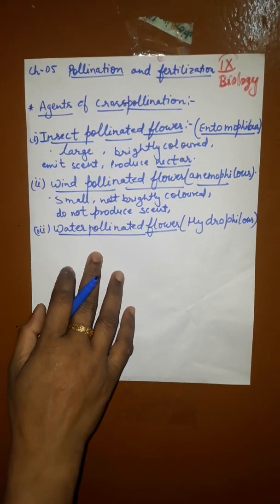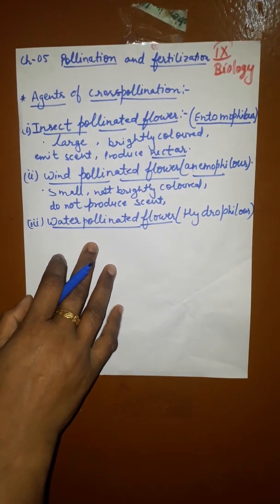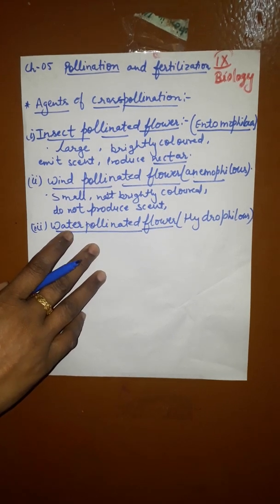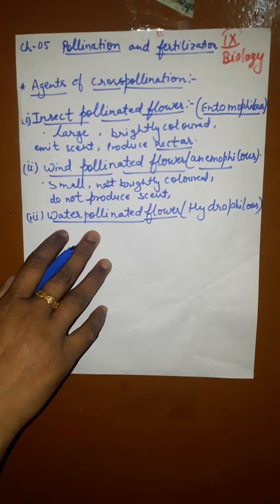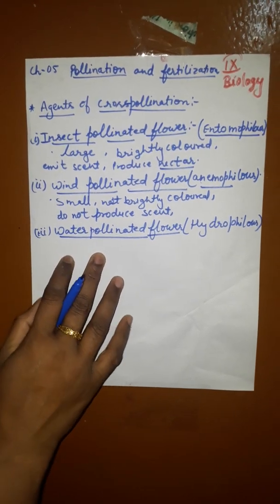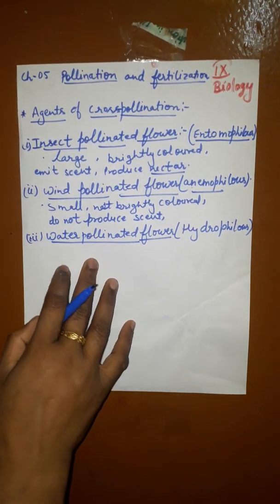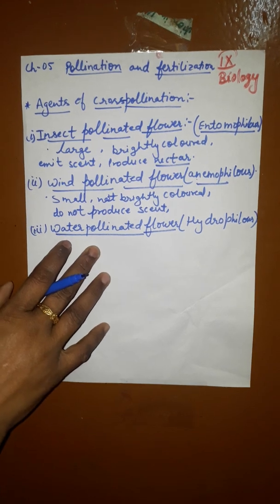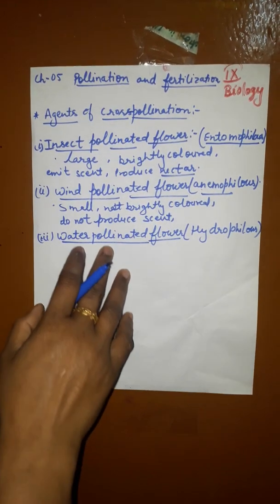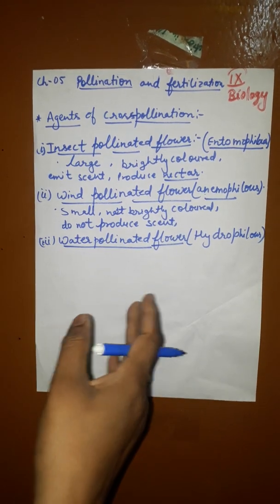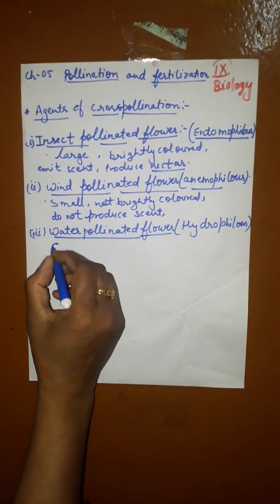In some plants, the pollen grains have a specific gravity almost equal to that of water, so that they remain floating below the surface of water. In some special cases, male flowers float on the surface of the water till they meet female flowers, for example in Vallisneria.